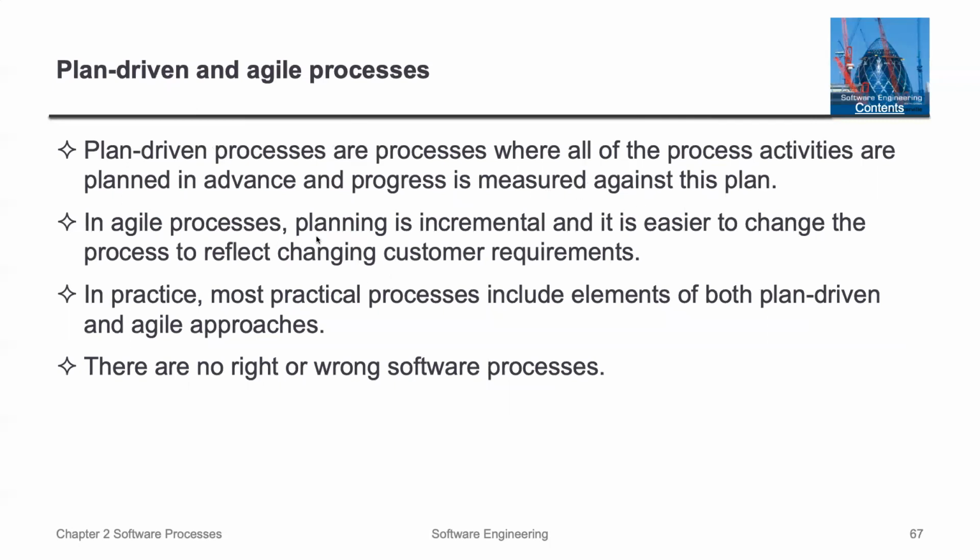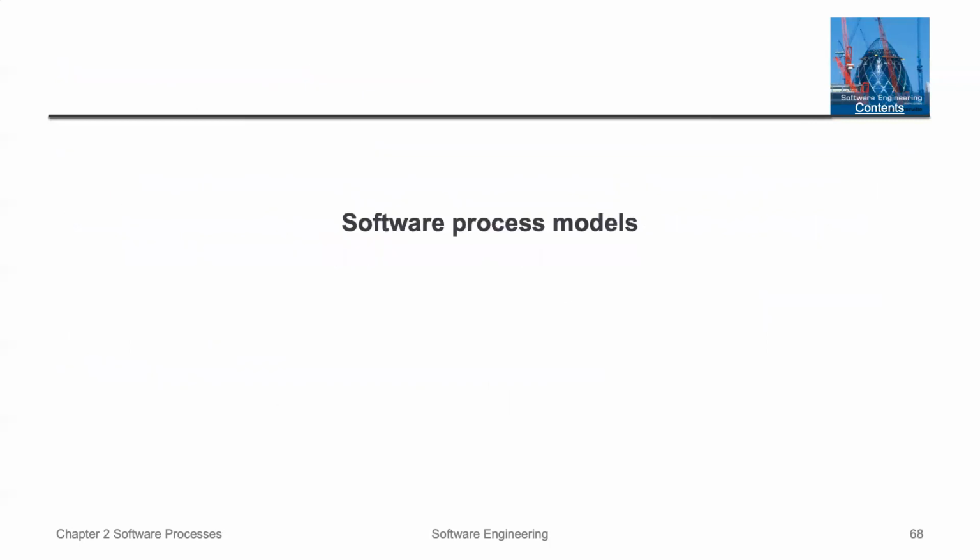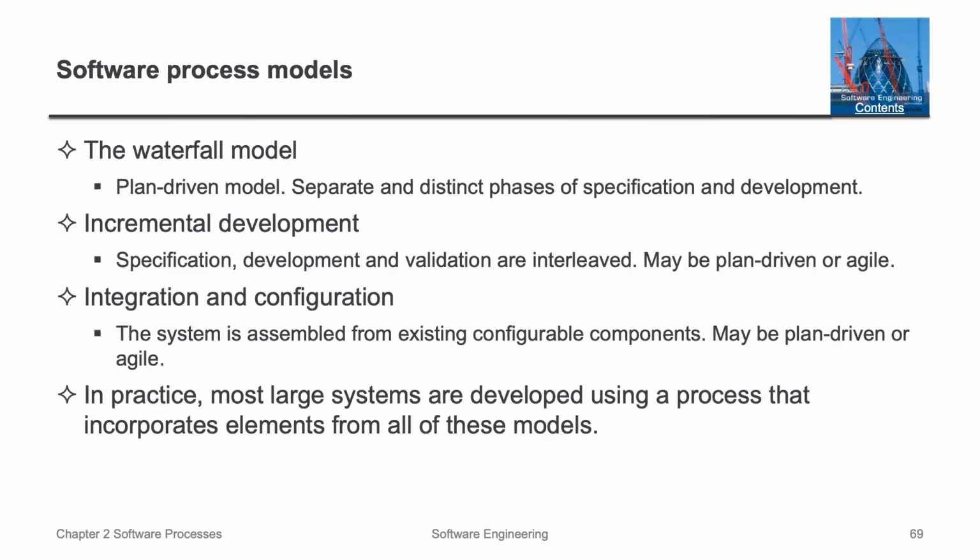In agile processes, planning is incremental, and it is easier to change the process to reflect changing customer requirements. But in practice, most practical processes include elements of both plan-driven and agile processes. Thus, there's no right or wrong answer for what is the best option for a software process.